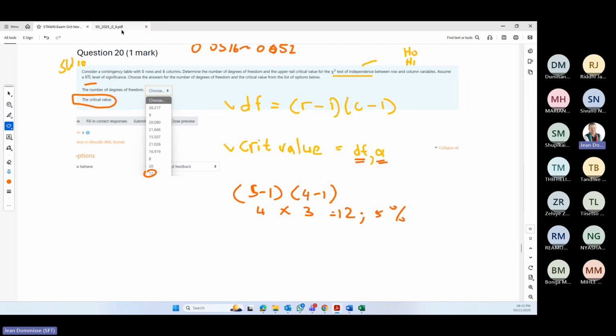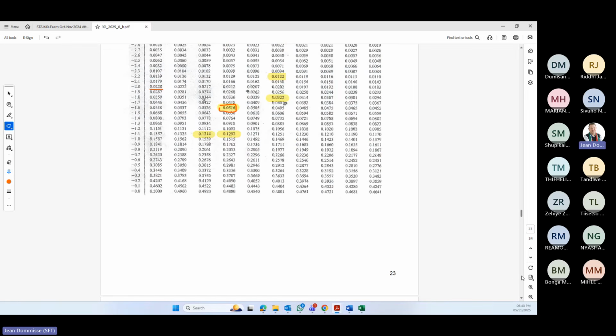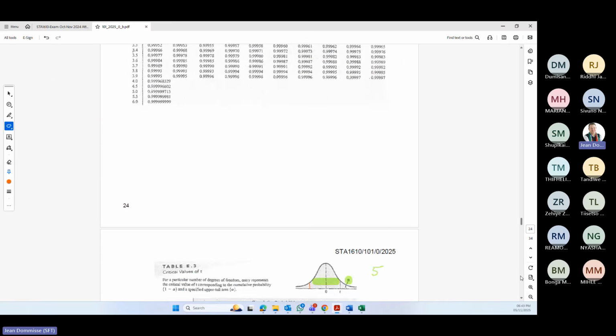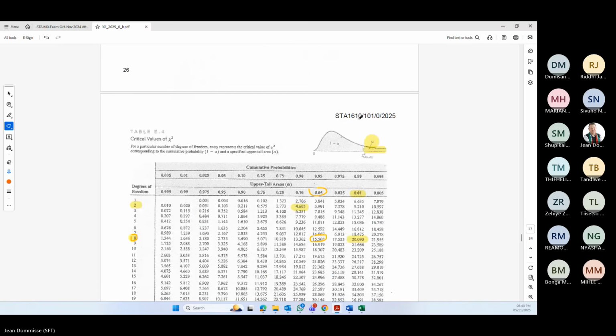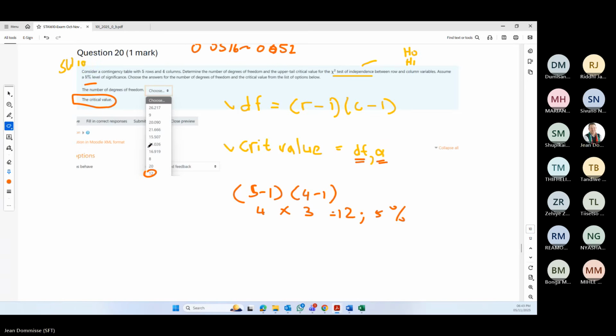So let's go to chi-square, 12, and it was 0.05, and there we have 12, 0.05, 21.026.